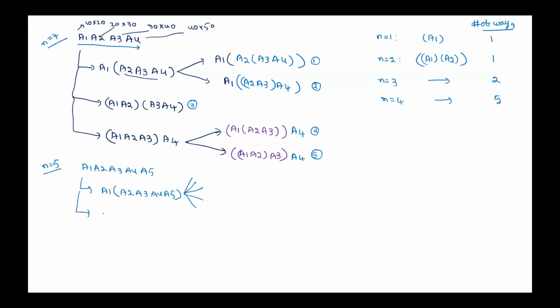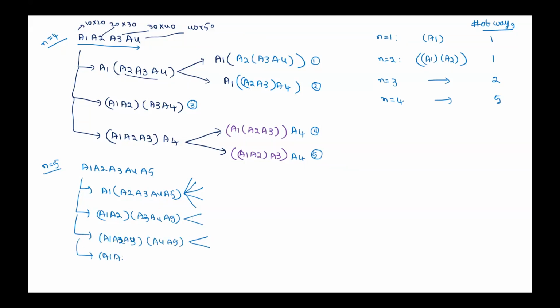Next, we'll take left side 2 matrices and right side 3 matrices. Again, how many ways are possible here? 2 ways. Left side I will take 3 matrices, right side 2 matrices. Again 2 ways.